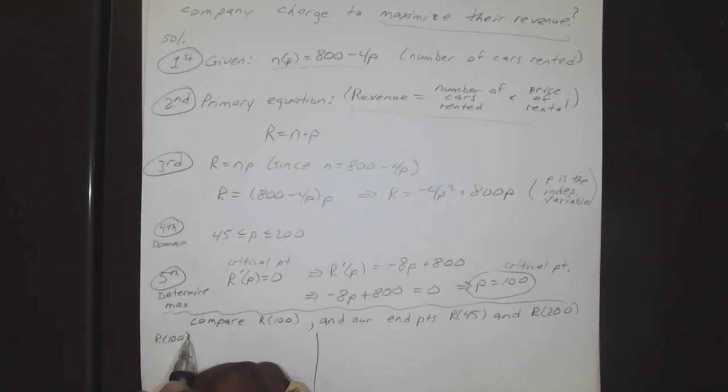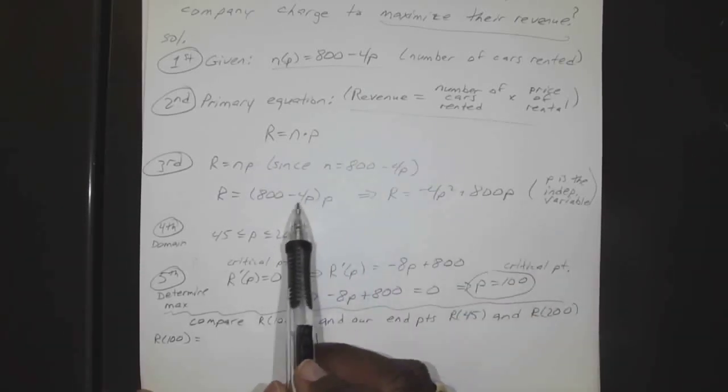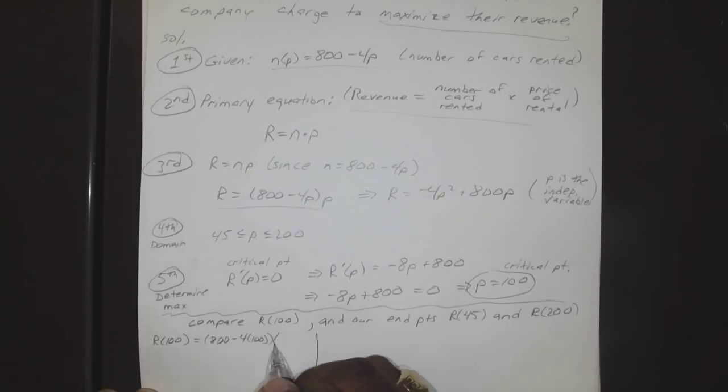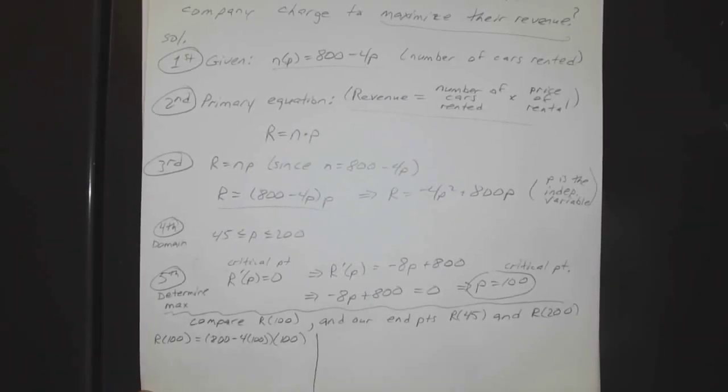So R of 100 is equal to, where is it? I'll use that one. 800 minus 4 times 100, times 100. So that's equal to 800 minus 400 is 400, times 100 is 40,000.